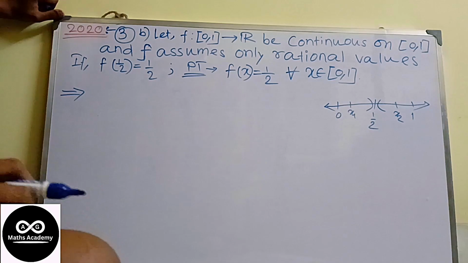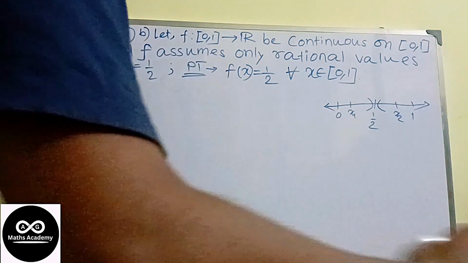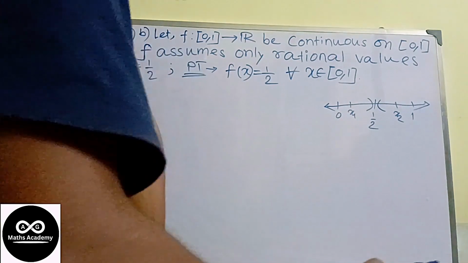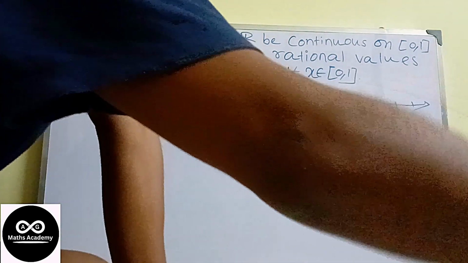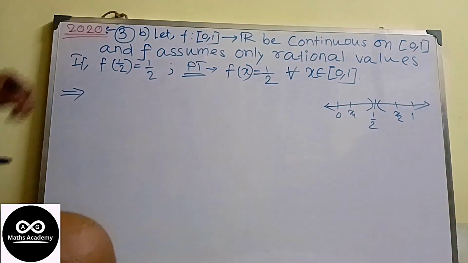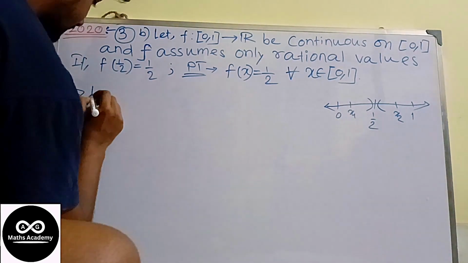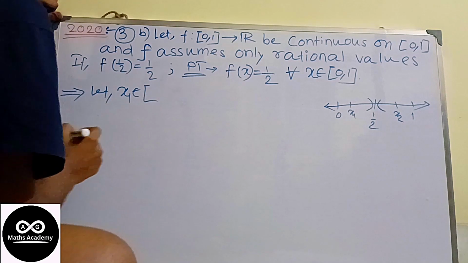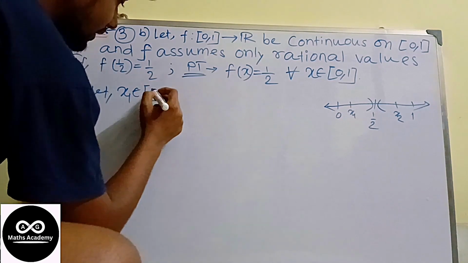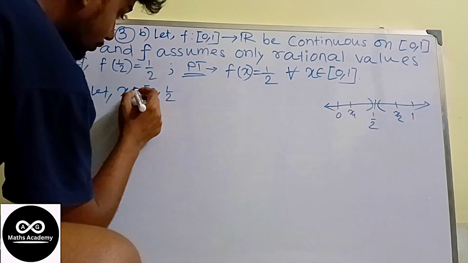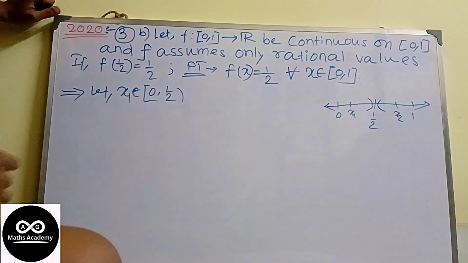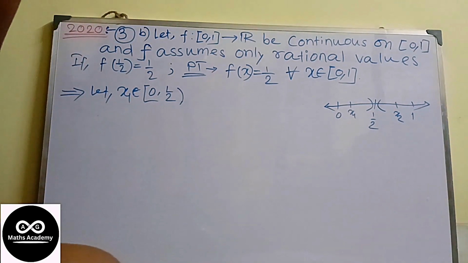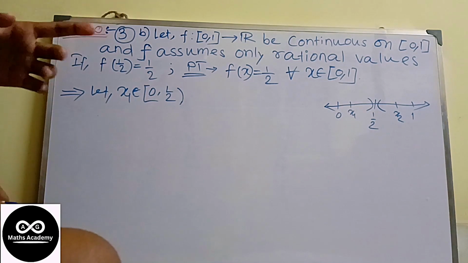So now let x1 belong to closed 0 to half. Now two cases arise.